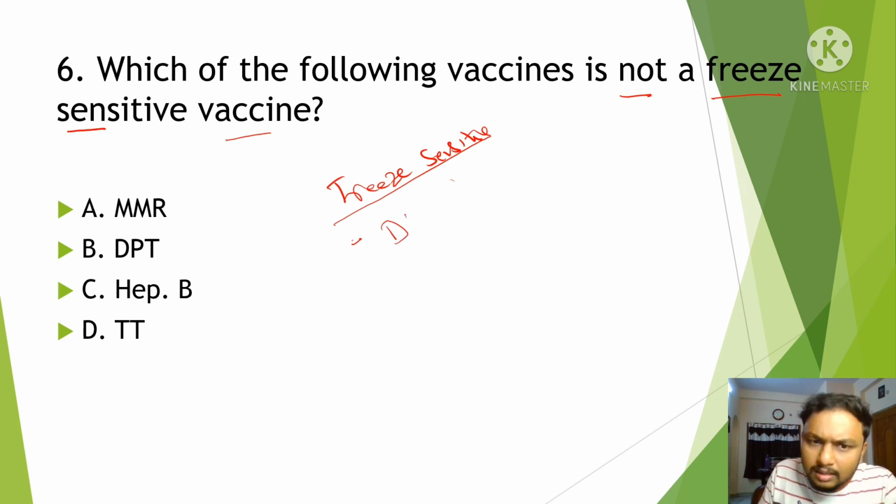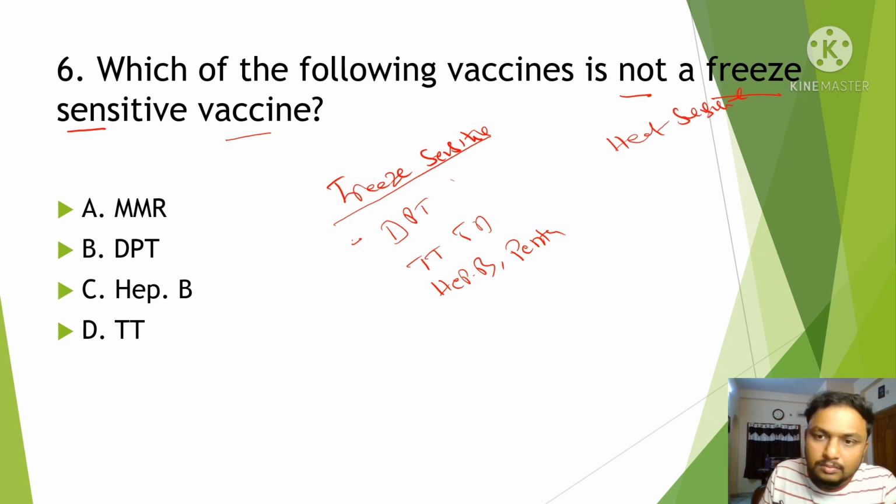Those are DPT, TT, TD, hepatitis B and pentavalent. And heat sensitive vaccines are like BCG, measles or MR, and OPV. These vaccines should be kept in a freezer.